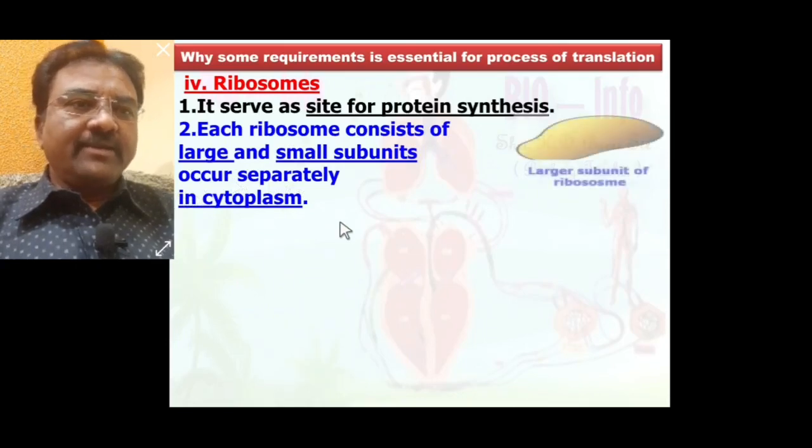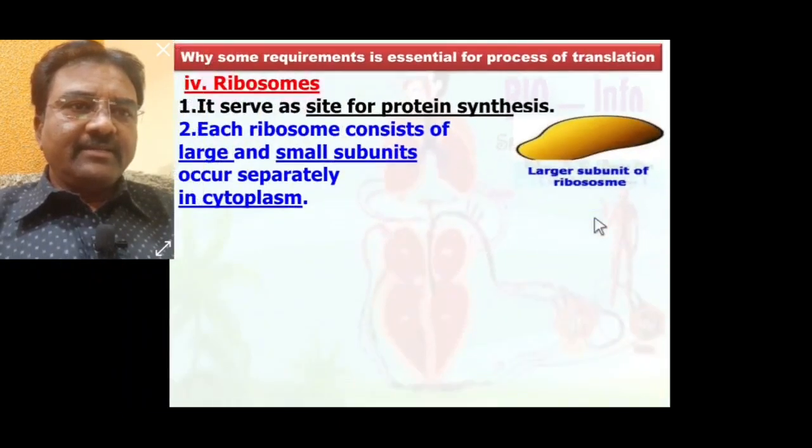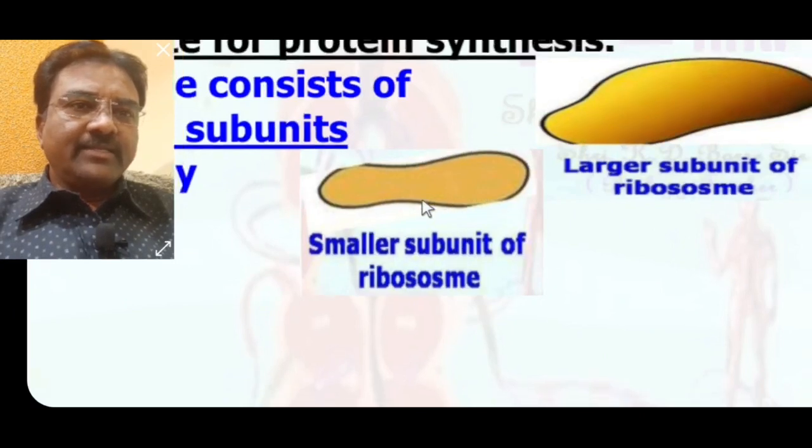Seen here in the diagram, this is the large subunit of the ribosome and this one is the smaller subunit. Both are present in the cytoplasm of the cell.